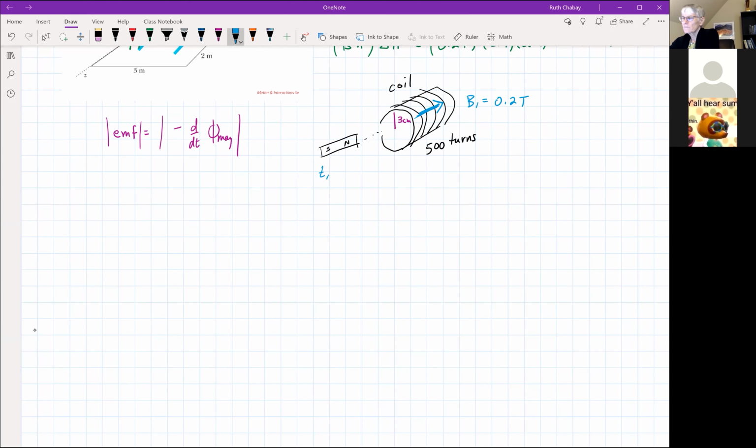And at time t2, we just take the magnet and move it very far away. So B2 is approximately 0.